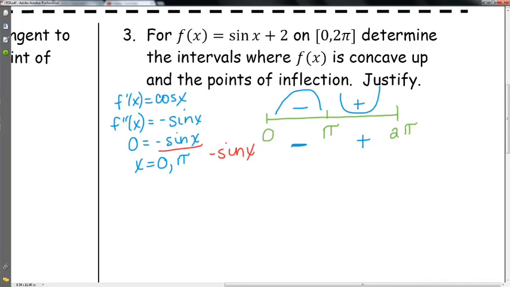Okay, so it wants me to find intervals where my function is concave up, and they want me to justify. So on the AP exam, this is what you're going to have to write. So f of x is concave up on the interval from pi to 2 pi.